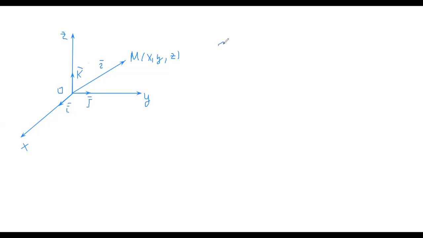So radius vector is r = x i + y j + z k.